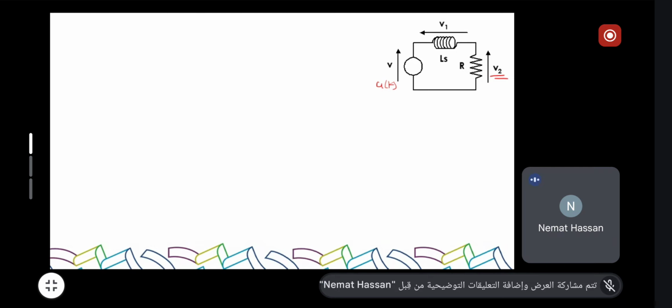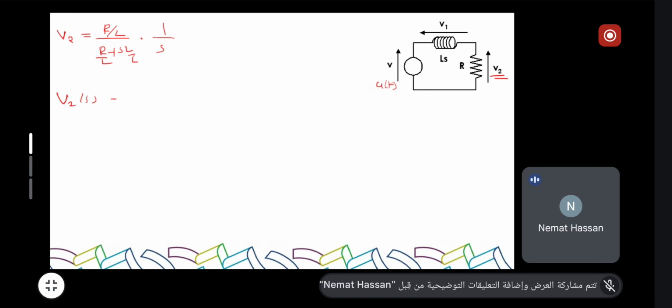You'll notice that V2, from the voltage divider rule, which was already established last week, is R over R plus sL times V, which we already established that V of t is equal to u of t, means V of s is equal to 1 over s.